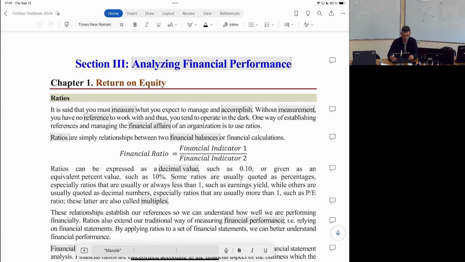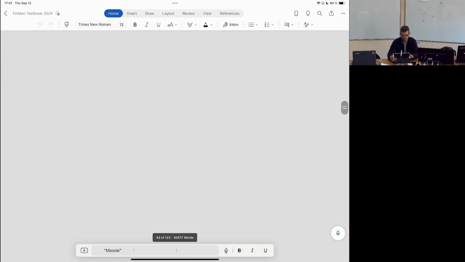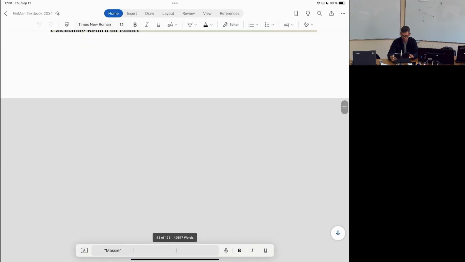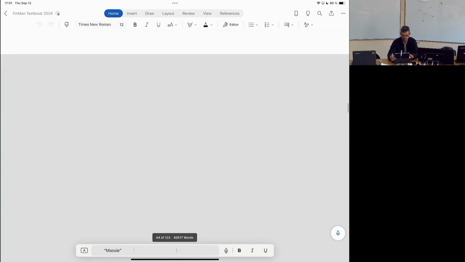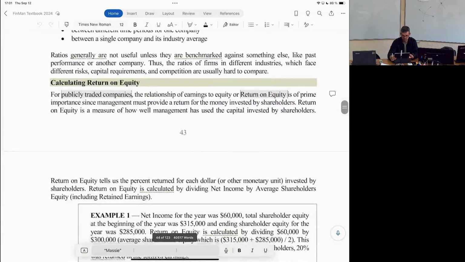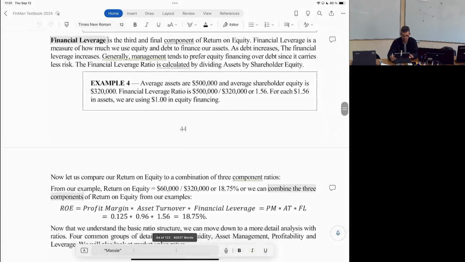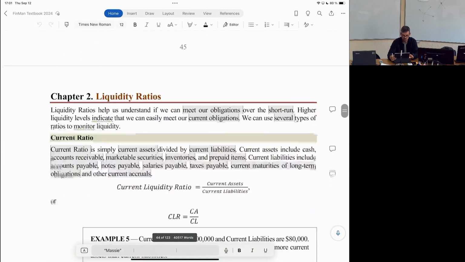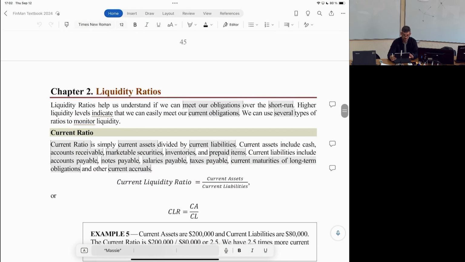It begins by discussion of return on equity, and then it goes to liquidity. I will just show you in the notes.